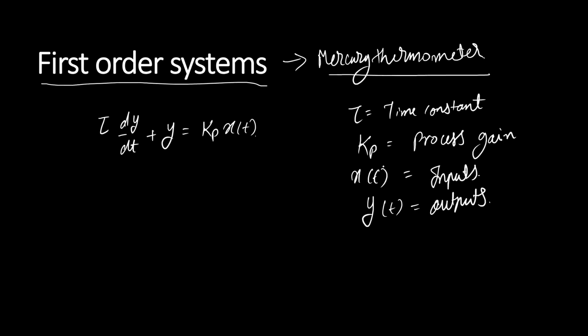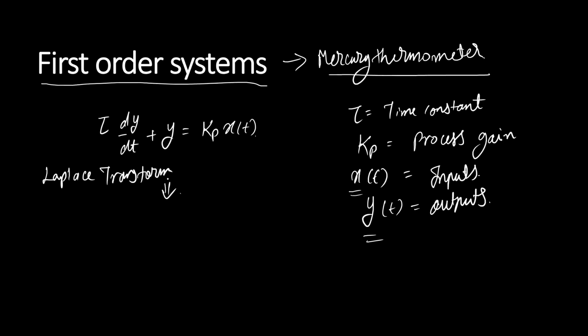Now our main purpose is to model this mercury thermometer system such that we get a relationship between input and output. For that we need to solve this equation, and in process control we typically use the Laplace transform of this equation to derive a transfer function of the system.